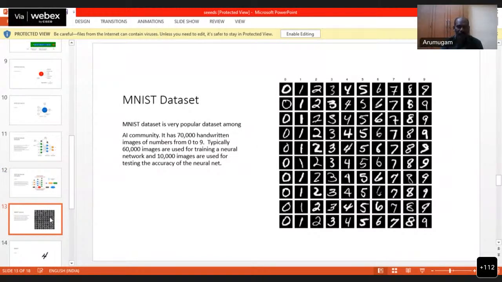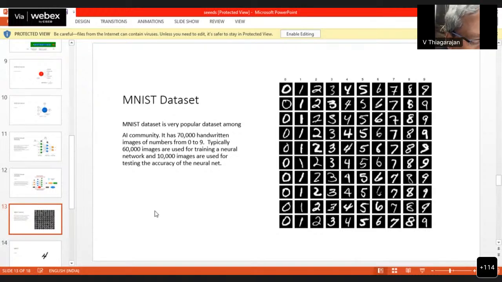Okay, so now we'll go into a real application which is normally used for teaching purposes. This is called the MNIST data set. You can see numbers from 0 to 9 here. About 70,000 handwritten images of numbers from 0 to 9 have been collected in the United States of America.